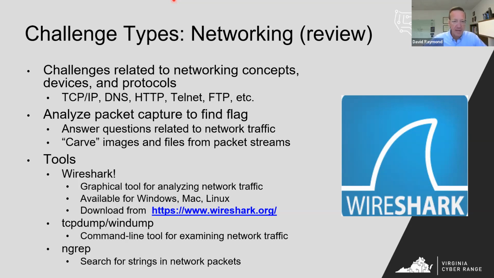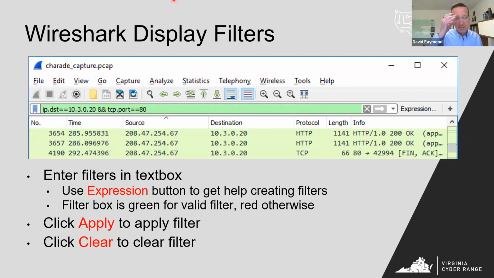If you want to do things at the command line, rather than using the GUI Wireshark, you can use tcpdump or WinDump. Those are for Linux, Mac, and Windows. And then there's another tool called ngrep, network grep. So it's a way to search for strings in network packets. And I'll show that maybe today if I remember to pull it up at the right time. So that's a review from last week. If you want more details on this stuff, then you should go to our YouTube channel and look at last week's workshop.